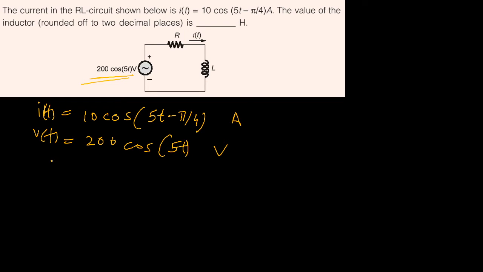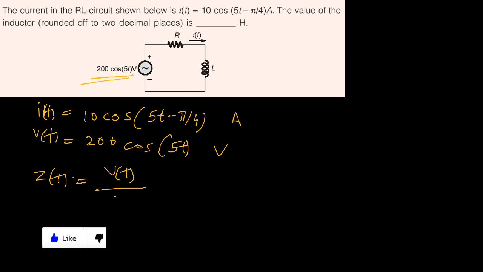So here we want to calculate the inductor. For this we have to find the impedance of the circuit. So Z(t) is equal to v(t) divided by i(t).